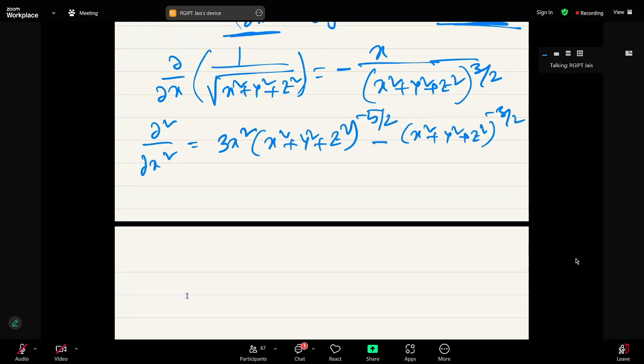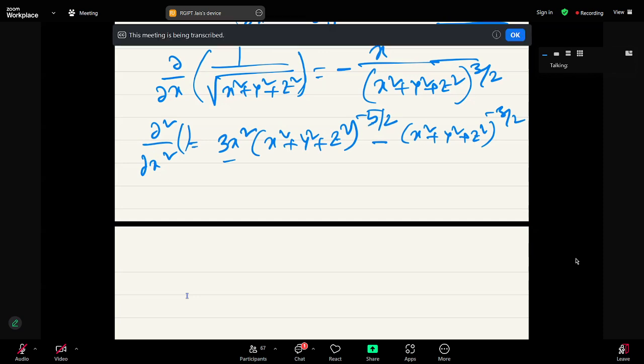This will be the derivative of this function, right? Is this correct or not? Can you guys confirm quickly? I think this is correct.